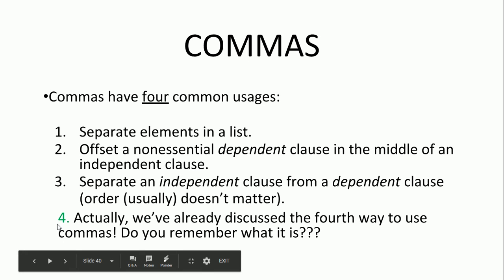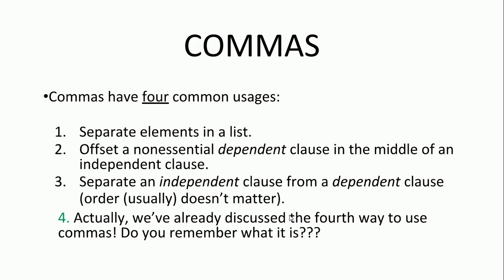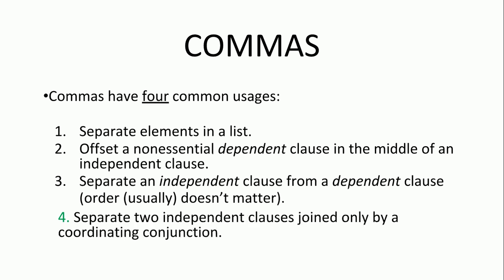All right. And then the fourth way is actually something we already discussed. You should pause this video and think and see if you've been paying close attention and can remember what it is. So, what is it? Well, it's separate two independent clauses joined only by a coordinating conjunction.